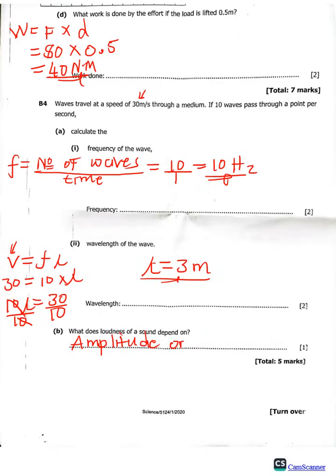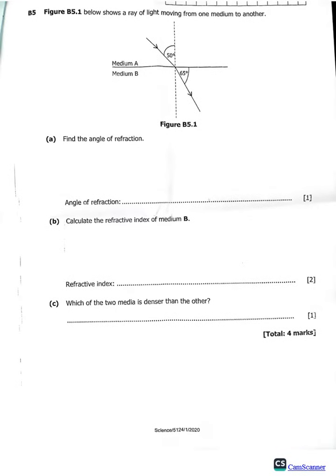Amplitude, or we can just say the amount of energy perceived. So this is how we can simplify a question like this one. Now let's move on to question 5.